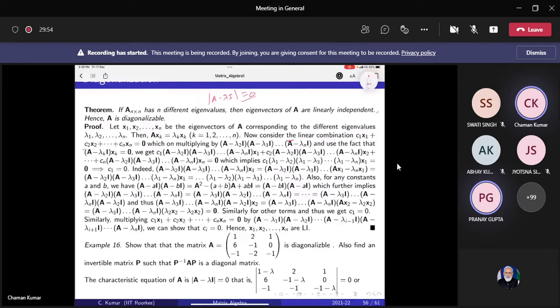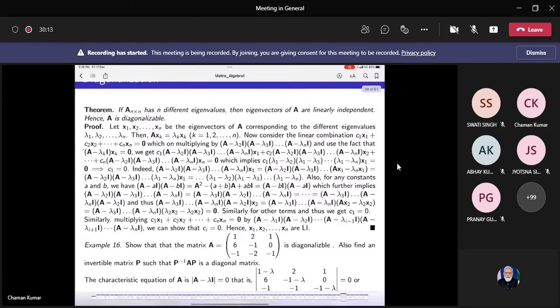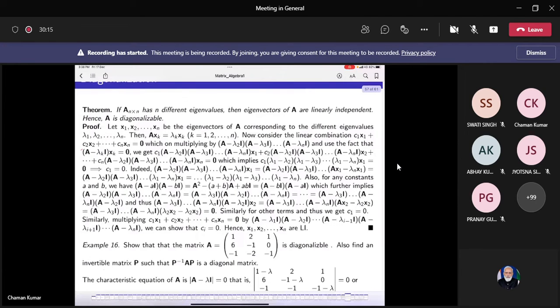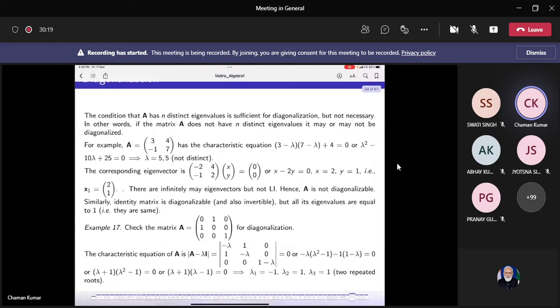So straight away calculate the determinant the way you know how to calculate. Do not apply elementary operations there. Okay, fine. Any more questions? Okay, so no question, so we proceed further.